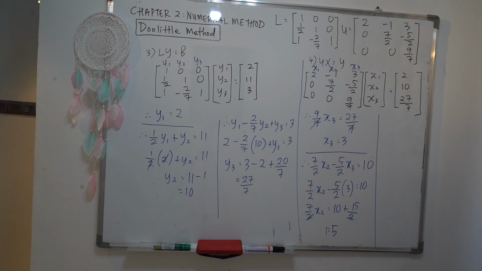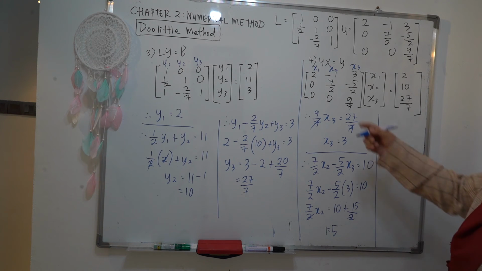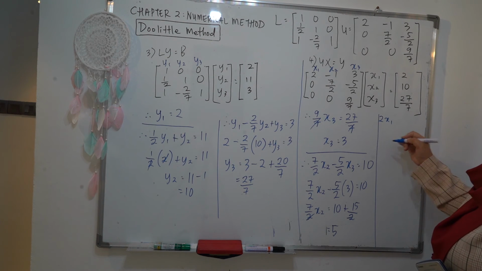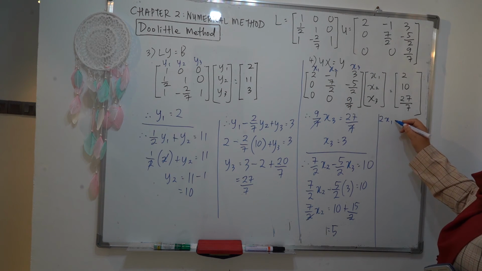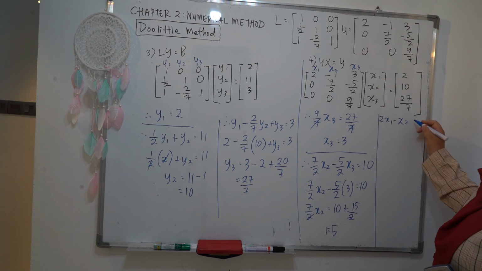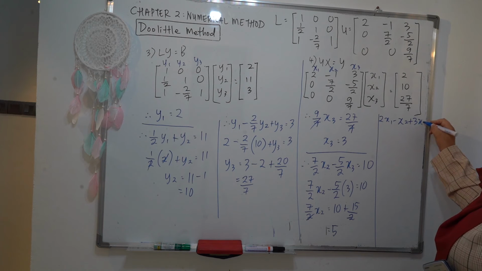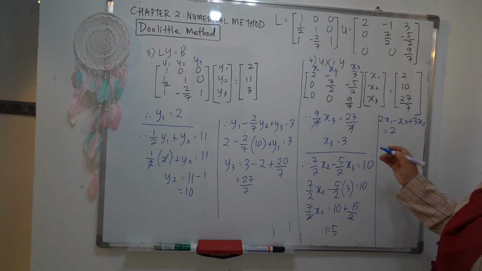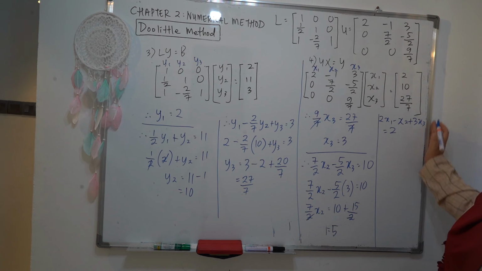Okay, so what I have to do next is the last row, which is row number 1. So 2x1 plus negative 1 times x2 will be negative x2, and then plus 3x3, equal to 2. I'll put it down because I don't have enough space here.